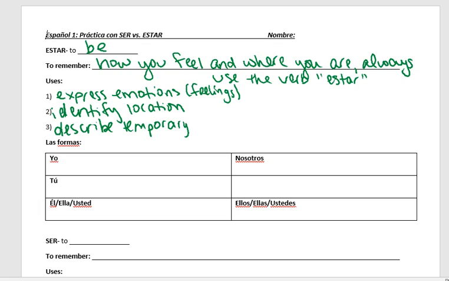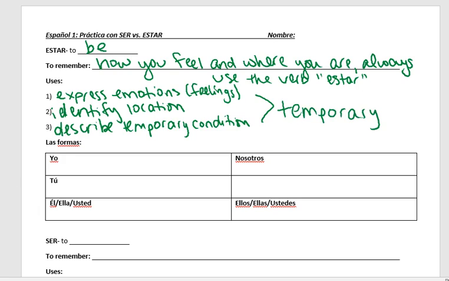So a temporary condition, for example, would be a broken bone, or any injury you might have, or if you're traveling and you're only gone for a certain number of weeks. So those are things that aren't permanent. So all of these are actually temporary conditions.